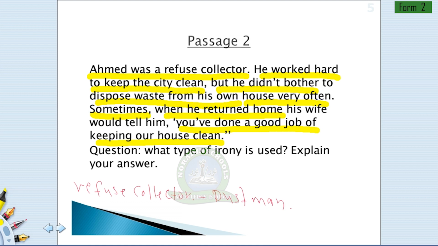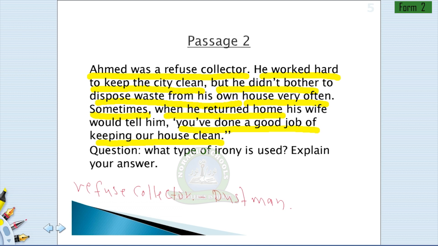Remember, if you ask a question to a student and then he answers that question very well, you say, well done, very good job, I really appreciate it. And then his wife said, you have done a very good job of keeping our house clean.